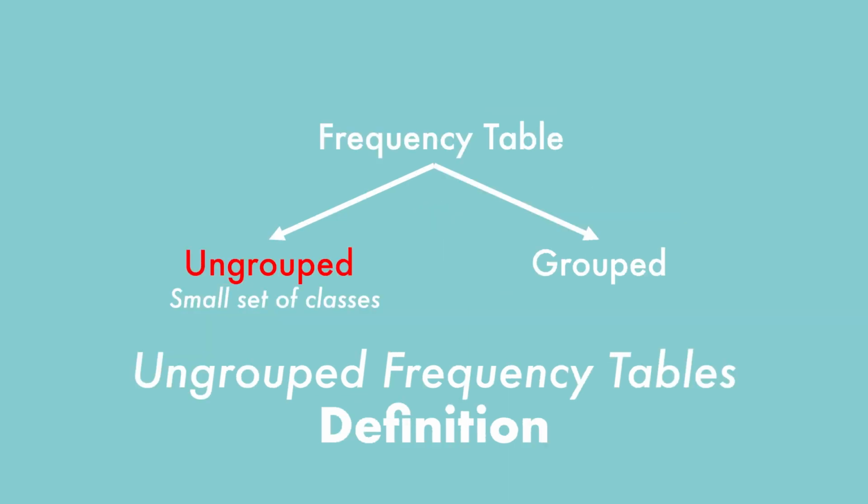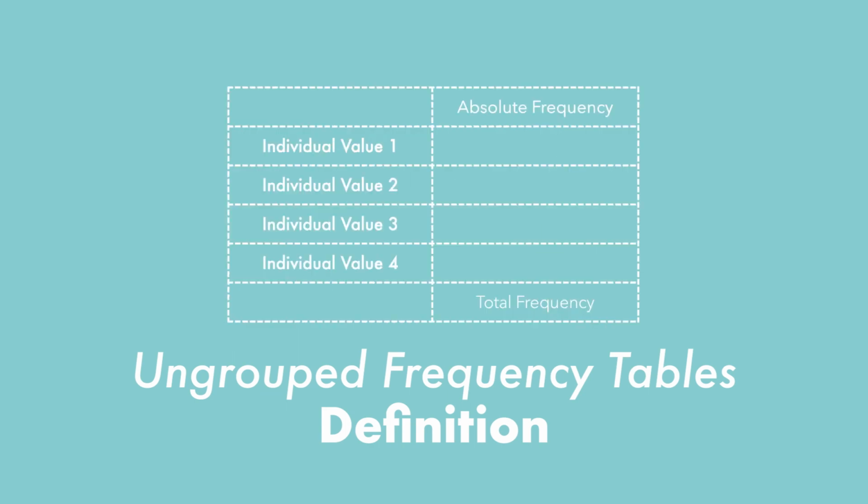When you are summarizing small values of data, then it is better to organize and represent it as an ungrouped frequency table. This is a type of table that shows how many times each individual value occurs in a dataset. These tables are usually used to calculate the accurate frequency of individual data values.